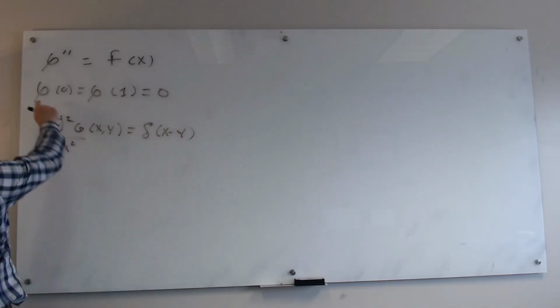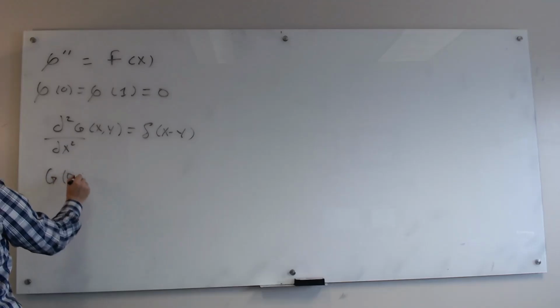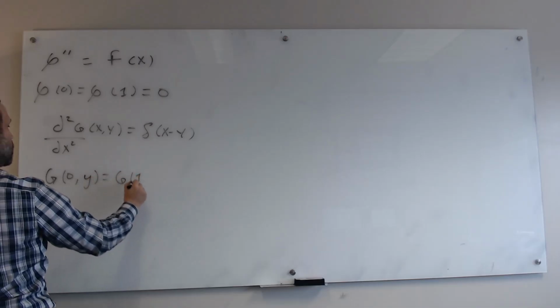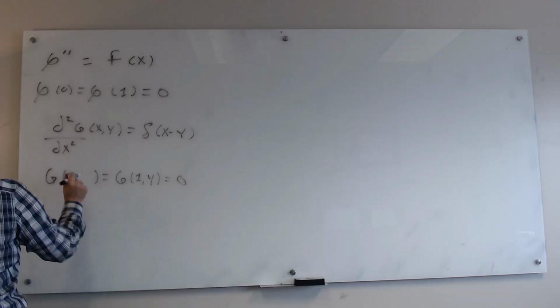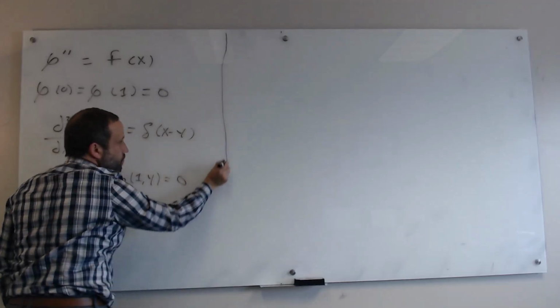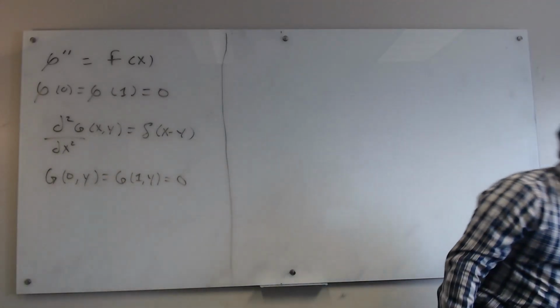And then we also want g to satisfy these same homogeneous boundary conditions. So g of 0, y is equal to g of 1, y, and that's equal to 0. There are also two other properties that g does satisfy, that we will get to in the course of solving this problem.